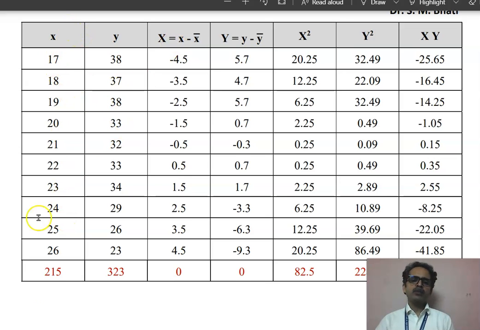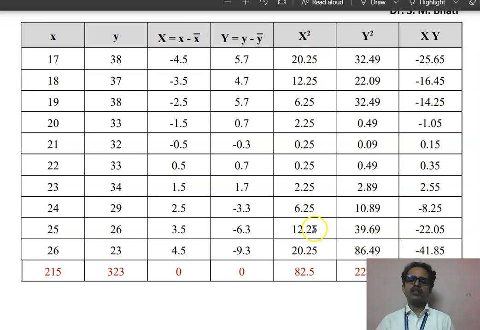We are given small x and small y, and using x bar and y bar, we have developed capital X and capital Y, and from these two columns we have developed the capital X square column, the capital Y square column, and the capital X into capital Y column, and each column sum is required here.